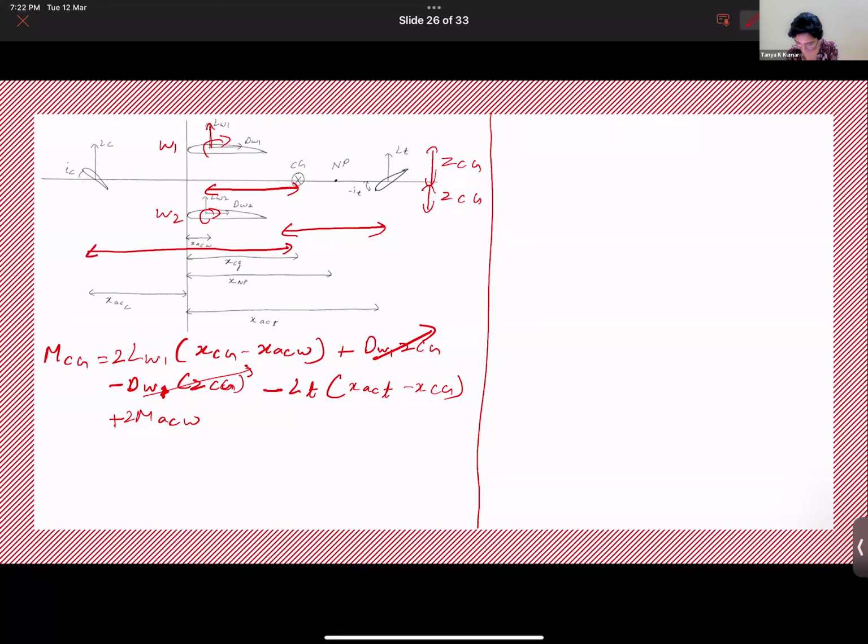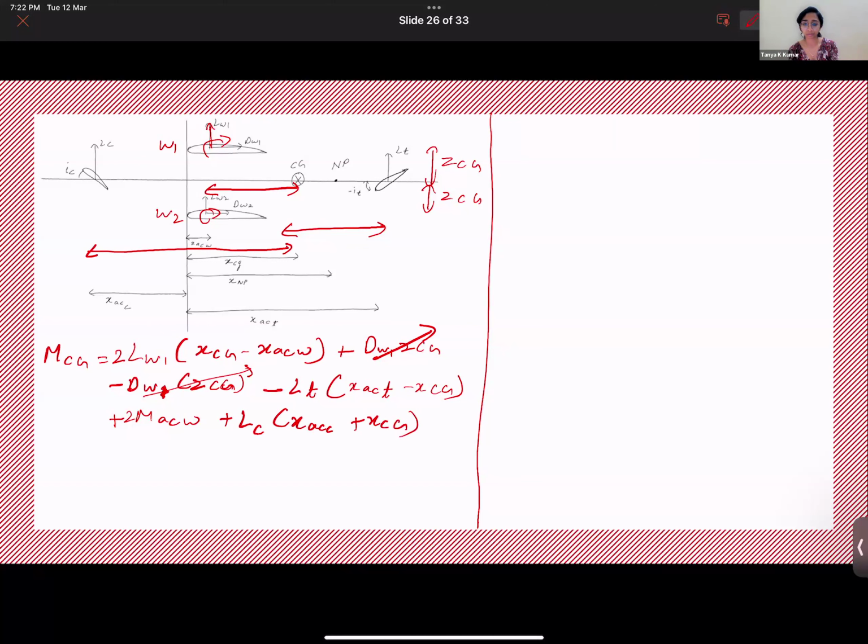This distance. What will it be? Plus LC into XACC plus XCG. Perfect. XACC plus XCG.